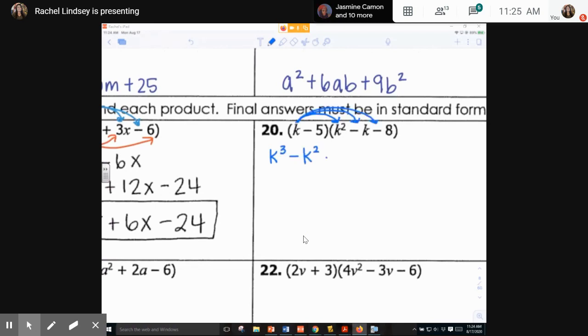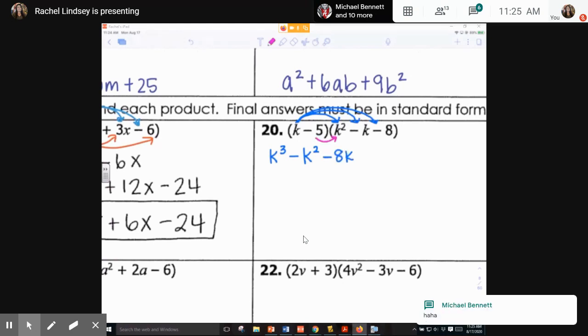Okay, then I'll have negative 5 times k squared. And this is where I'm going to write it below. So what's negative 5 times k squared? Negative 5k squared. So I'll write it directly under the negative k. It just hasn't popped up yet. It's lagging a little bit.